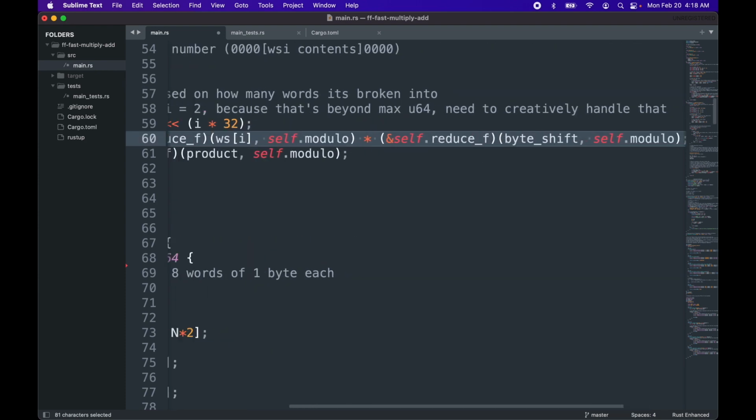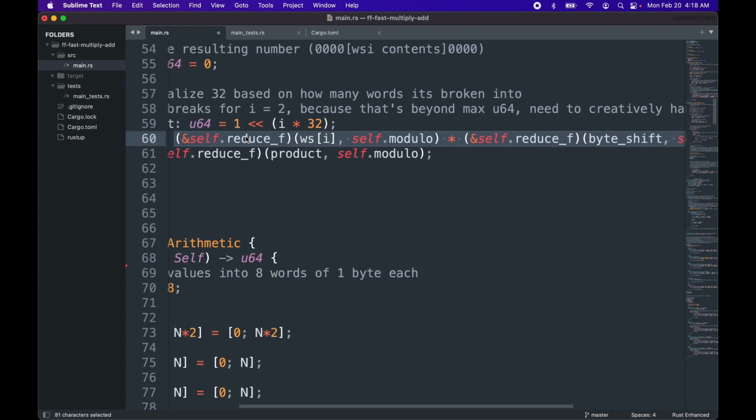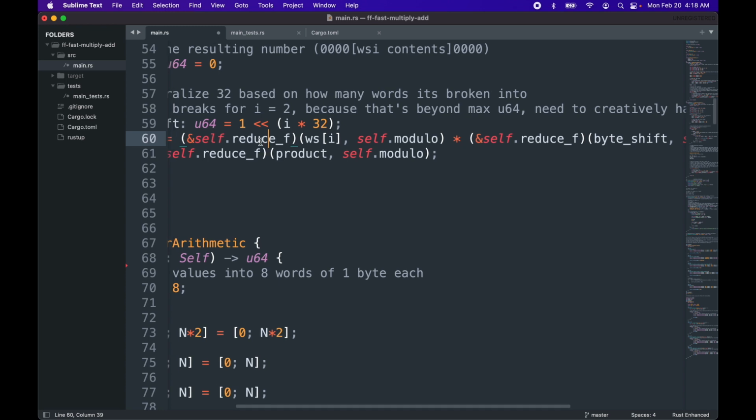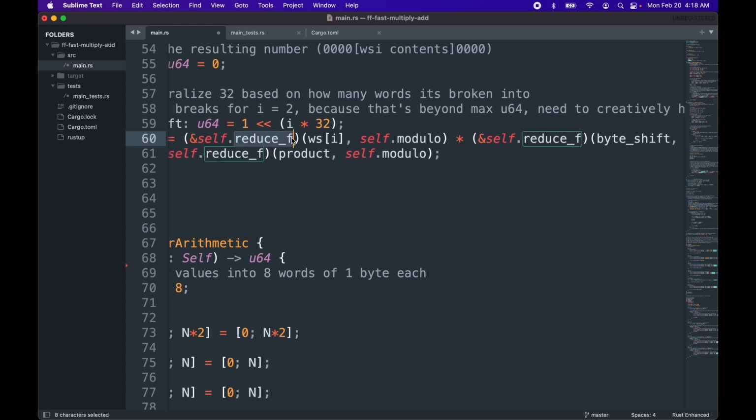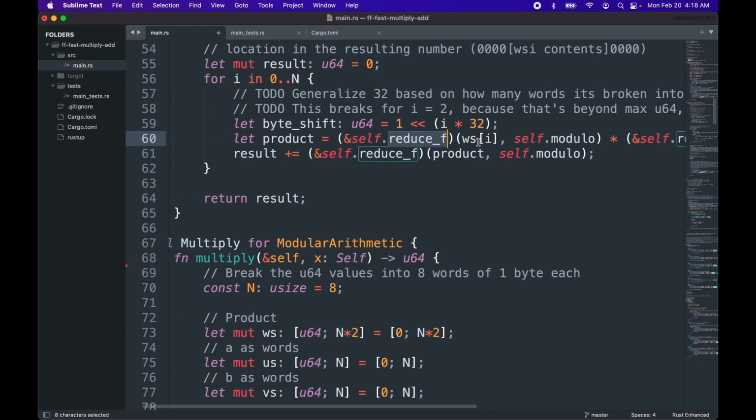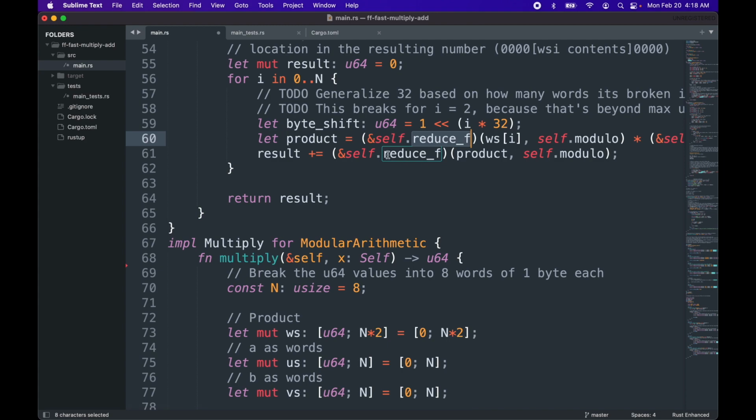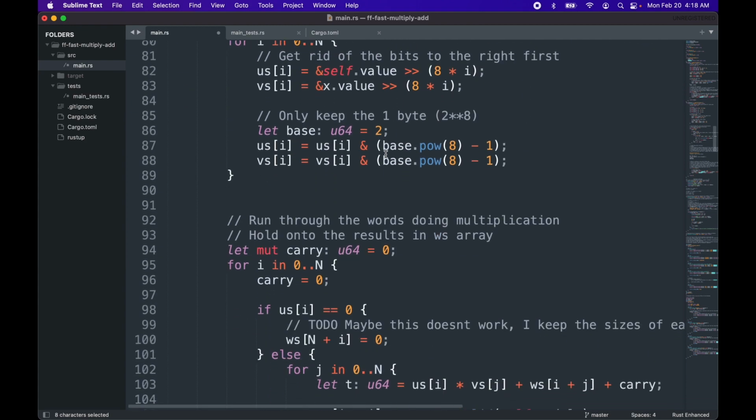For each add 2 times, you are doing 3 reductions. And these are just different callbacks. So for this one, it uses naive, and for the other one, it uses Barrett.